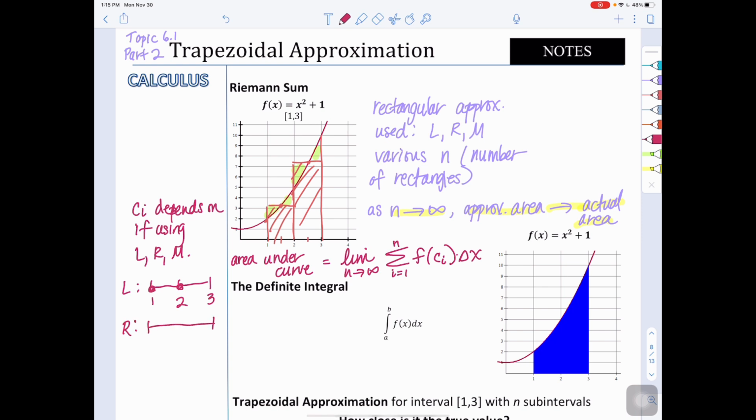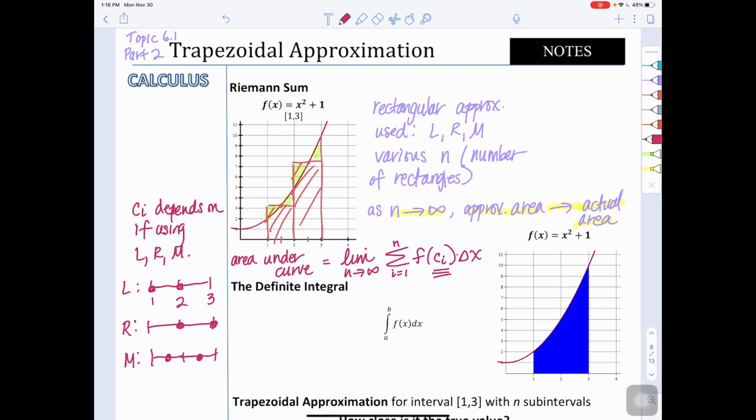If you're going from 1 to 3 and you're doing a right, you would use 2 and 3. For the mids, you would use 1.5 and 2.5. So your c sub i's are those x values that you are plugging in depending on where you are.